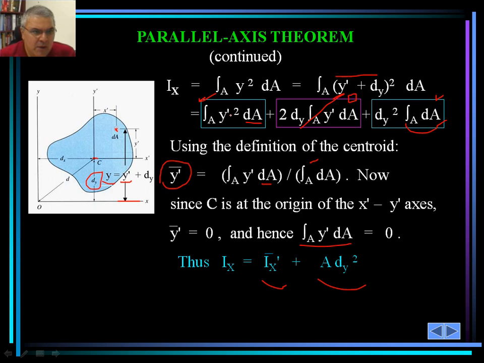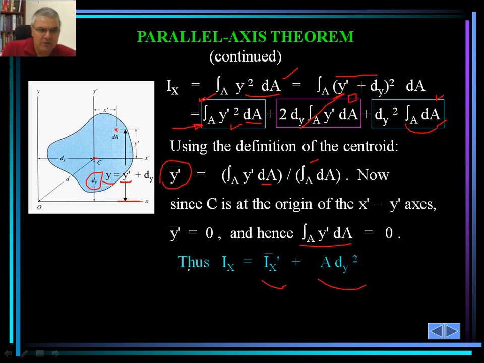If you compare this term in this box with the term right above it, you would see that if this is called I sub x, the moment of inertia with respect to x, then down here, again I'm showing with a little arrow, that would be Ix prime, wouldn't it?